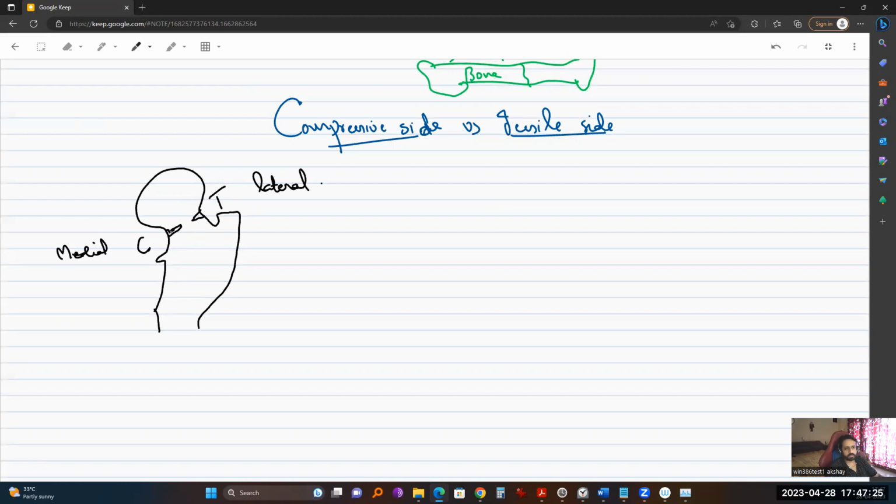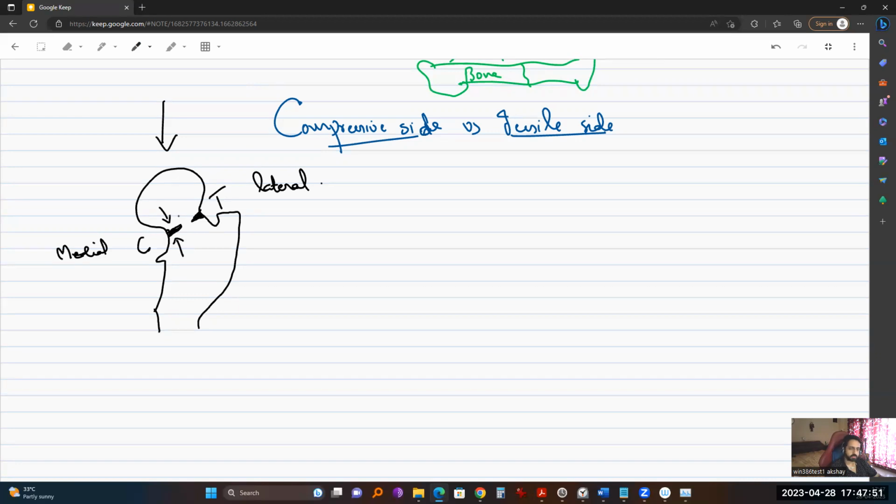The fractures in these two locations have very different significance. For the fracture on the compressive side, when the load goes along this direction, the medial aspect is pushed together.